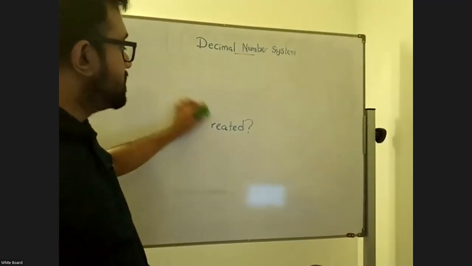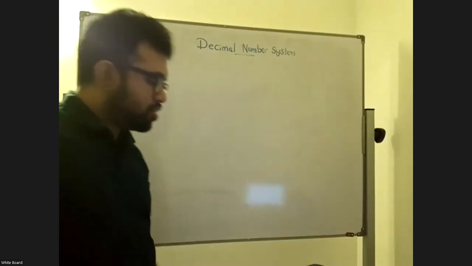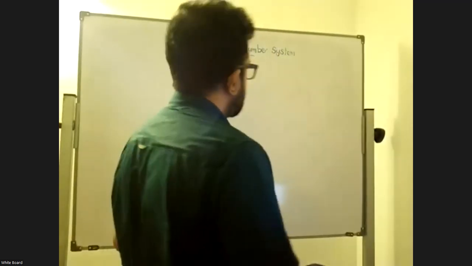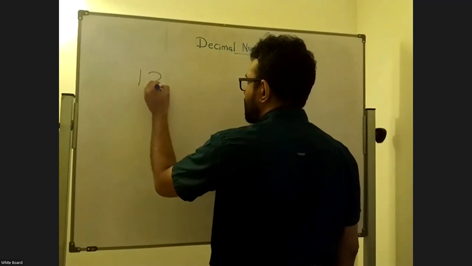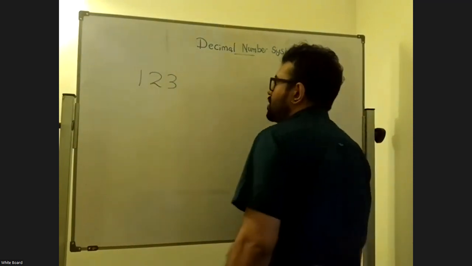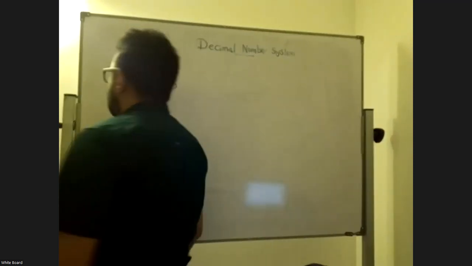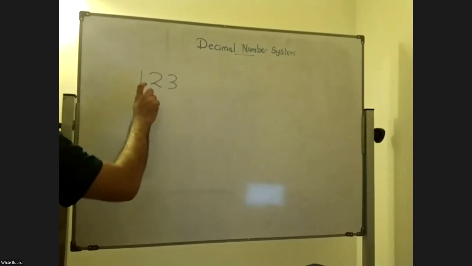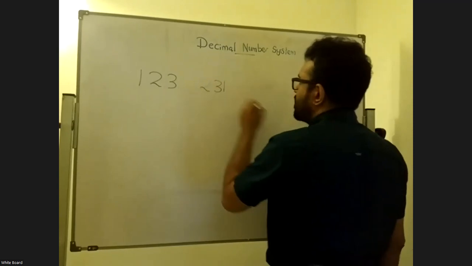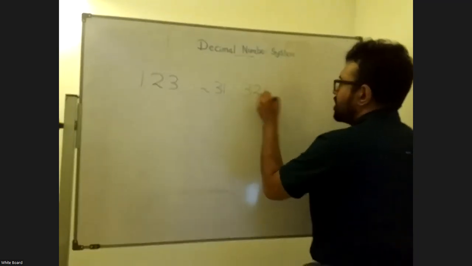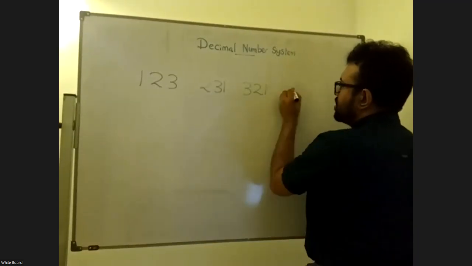Now we are going to find out how actually a decimal number is made. So you write decimal numbers like this. Let's say 3 symbols, 1, 2, 3. So you can exchange these symbols and write down 2, 3, 1, 3, 2, 1, 3, 1, 2.